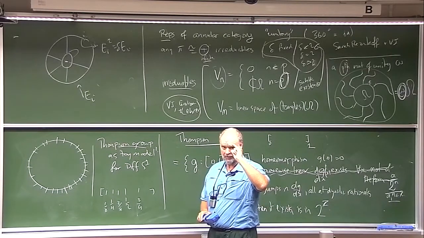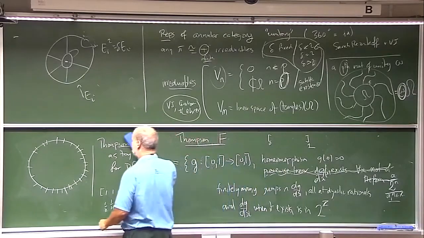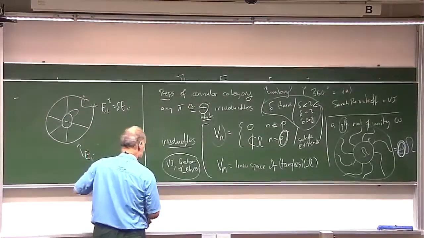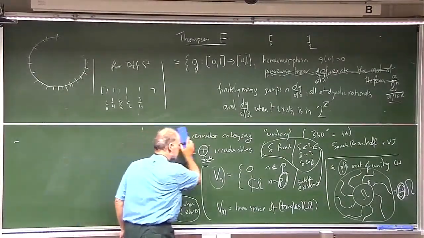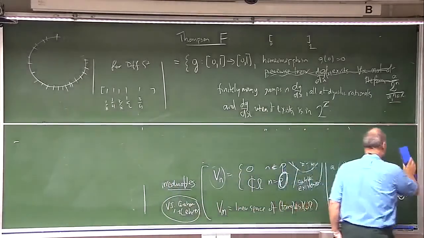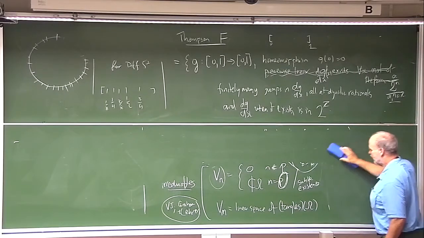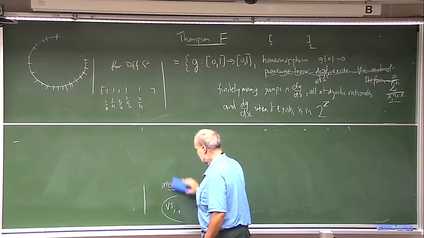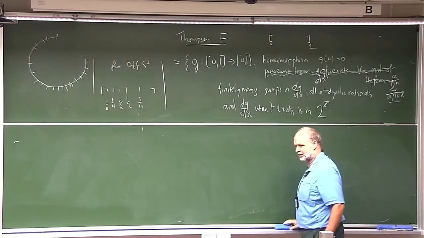Okay. So now I'm going to give you a much more concrete description of the elements of the Thompson group. So in fact, it's going to become one of these wonderful groups that you could actually present right in the beginning of a class of group theory as an example of a concrete multiplication you can get on concrete combinatorial objects.